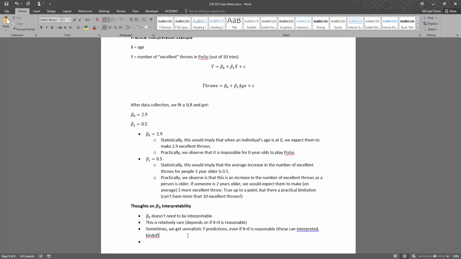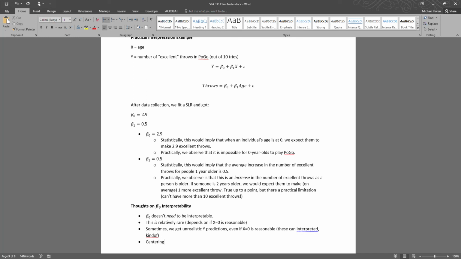If x equals 0 makes sense in your context, then even if y is unrealistic, you can still mention that interpretation and still talk about what that would mean. And you can talk about how that y value is unrealistic, but what that will end up being is the lowest realistic y value, as opposed to the case where x equals 0 just doesn't make any sense at all, where we shouldn't have any kind of prediction on that value.